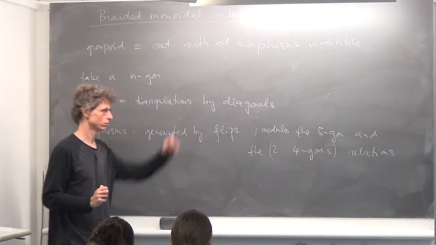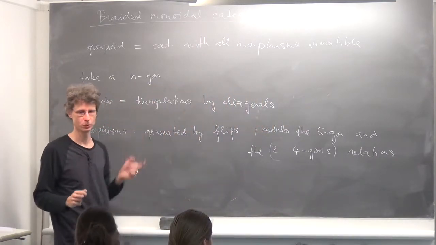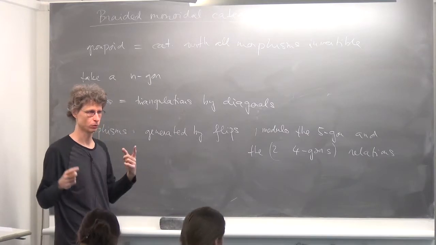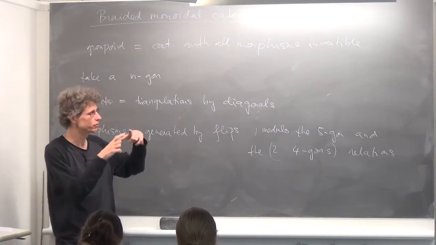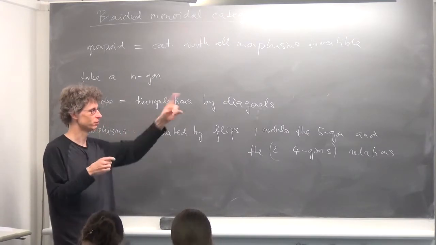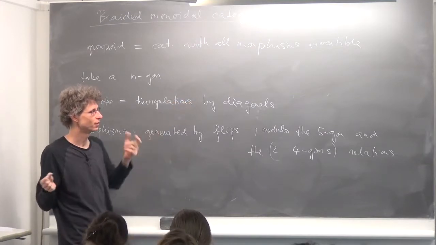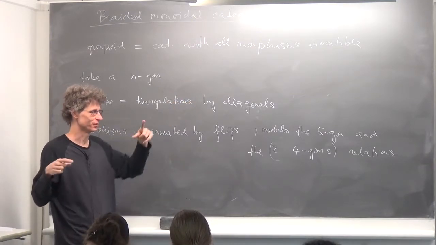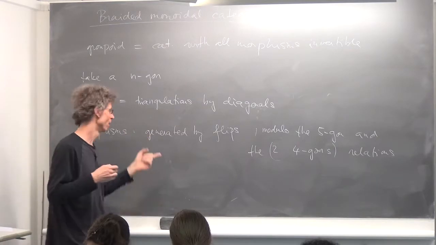So if you have a pentagon and go around it, we get the identity, and when we have 4 different triangles that form 2 tetragons, then those 2 flips commute.